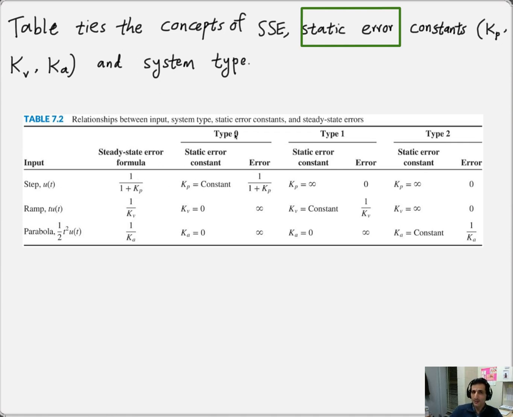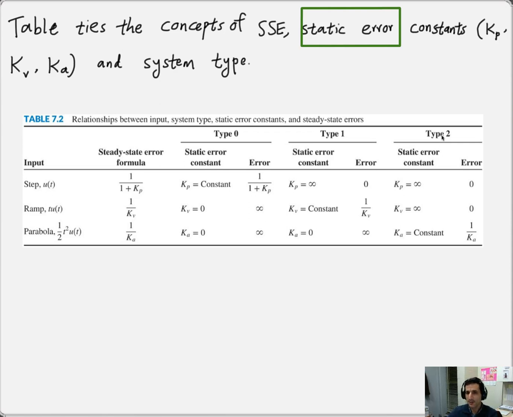If your system is type 0, meaning you do not have any integrator in the denominator, your Kp, which is the limit of G of S as s goes to 0, is just a constant number, and therefore your steady state error is 1 over 1 plus Kp, which obviously is a finite number. But if your system is type 1, it means you have an integrator in the denominator, and therefore your Kp is going to be infinity, and your error is going to be 0 according to this equation.